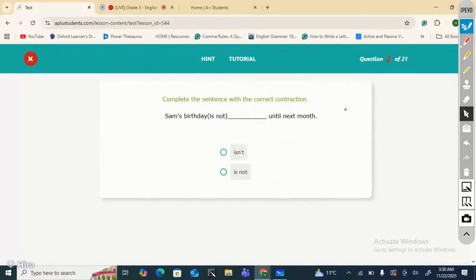Sam's birthday is not until next month. The two words are is not. Now tell me what is the contraction of these two words? Option 1, option 2.